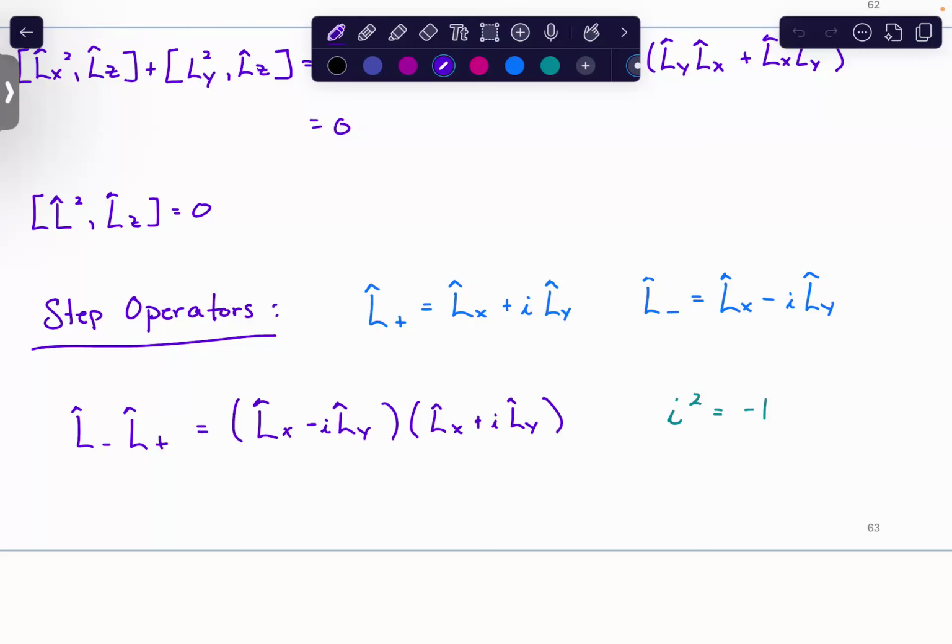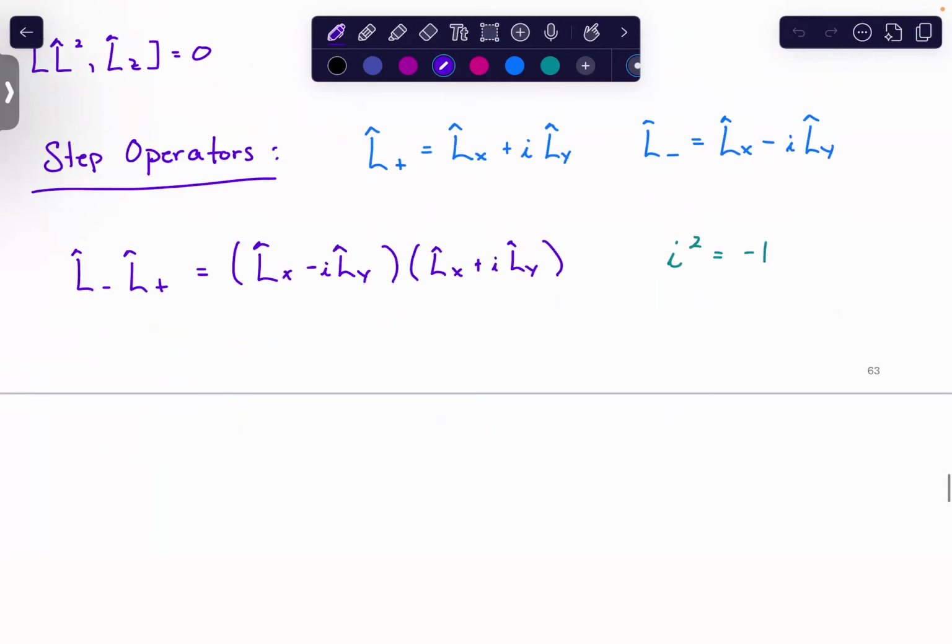Looks like we're finally going to get to that eigenvalue today. Let's see. So we were actually just going to FOIL multiply these operators together.